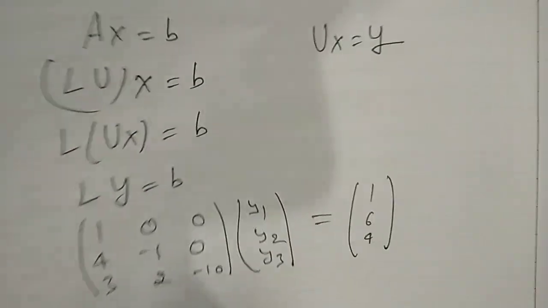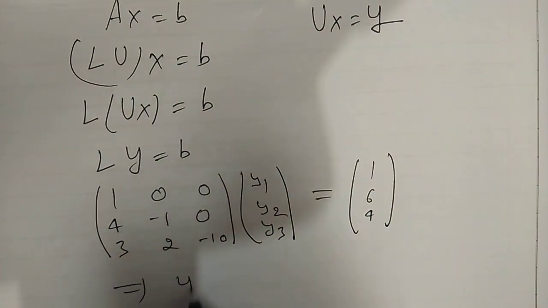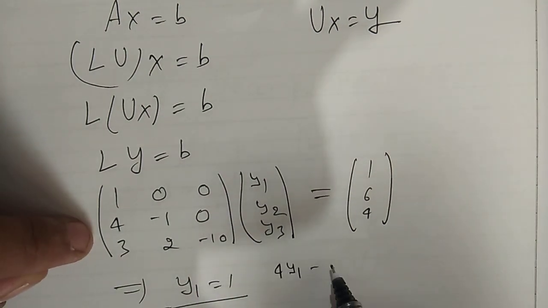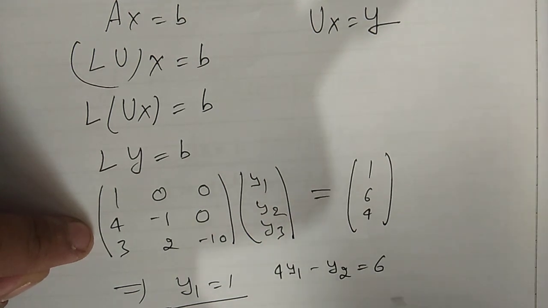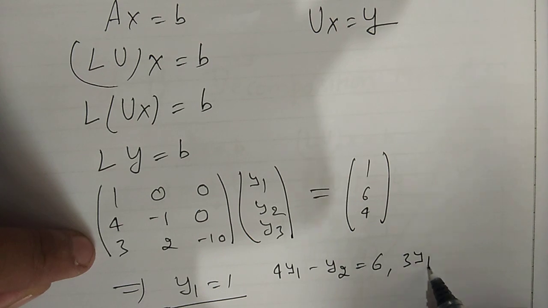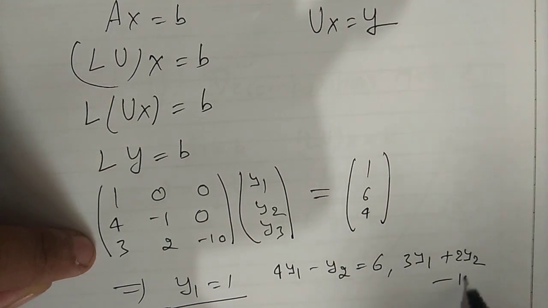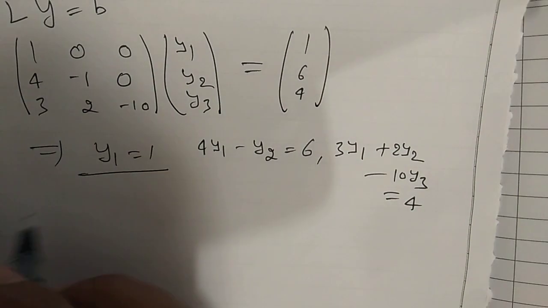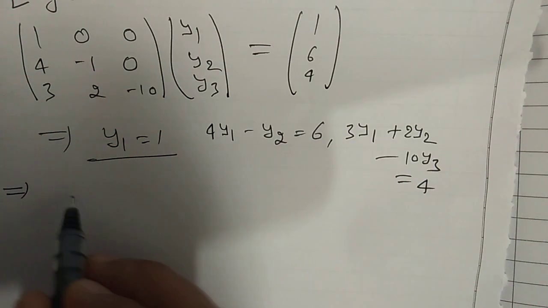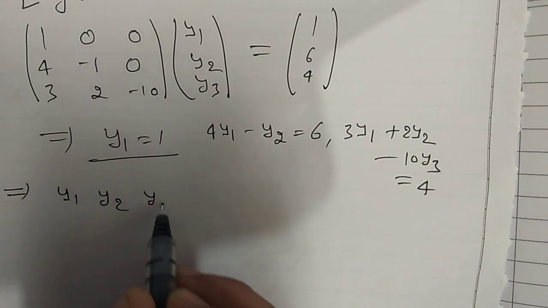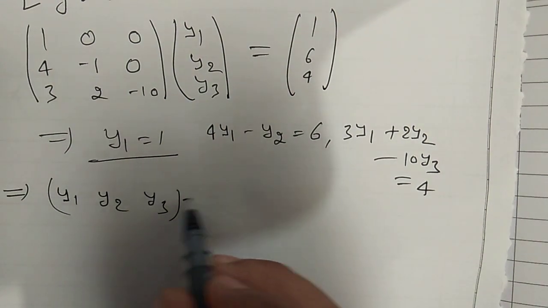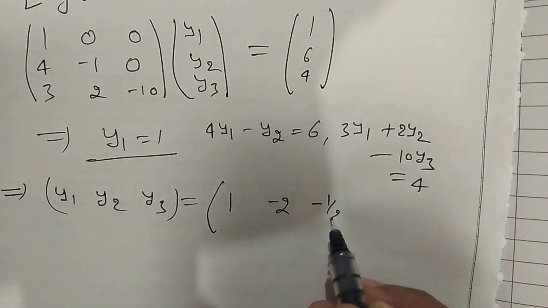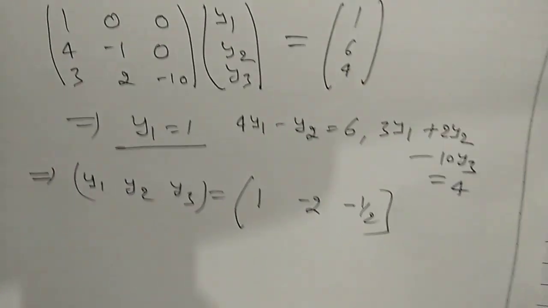From here we see Y1 equal to 1, the second equation 4Y1 minus Y2 equal to 6, and the third equation 3Y1 plus 2Y2 minus 10Y3 equal to 4. Directly solving, we get Y1, Y2, Y3 equal to 1, -2, -1/2.